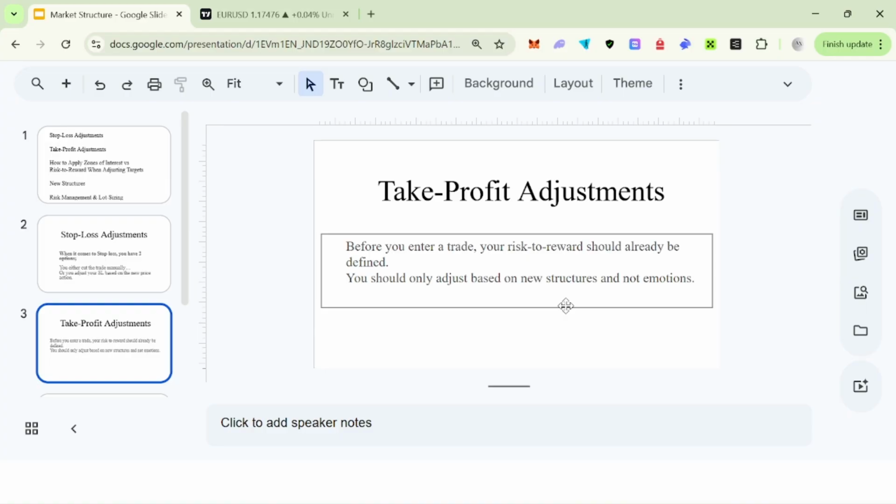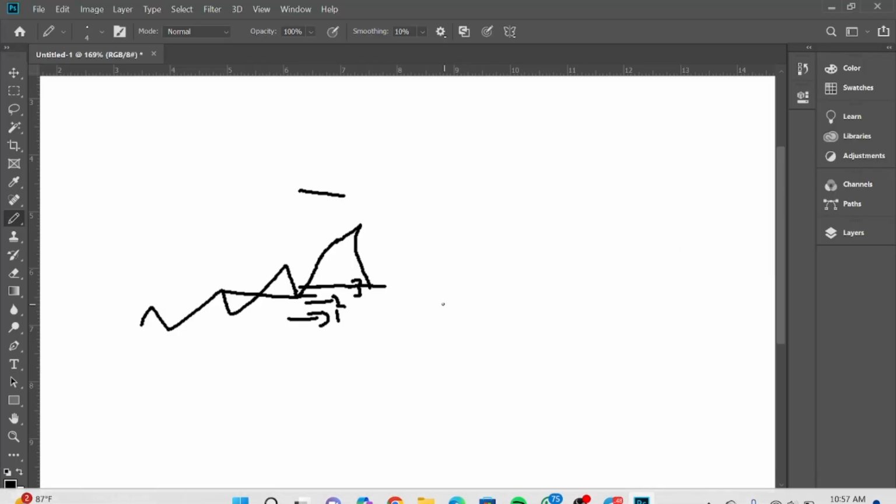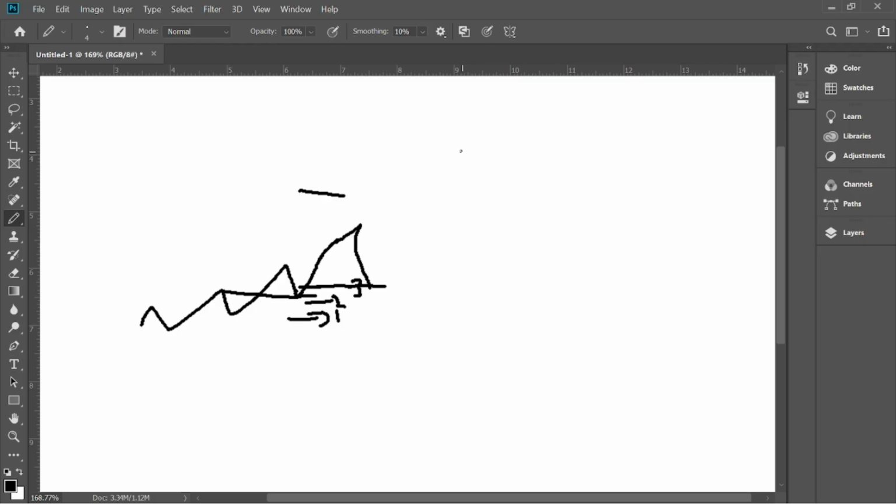You understand? And in these things being predetermined, for example, let's say your stop loss is 20 pips. Let me illustrate this. Let's say your stop loss is 20 pips, and your 1-to-1 target is also going to be 20 pips, because 1-to-1 means that you are standing to make what you are standing to lose if you lose.